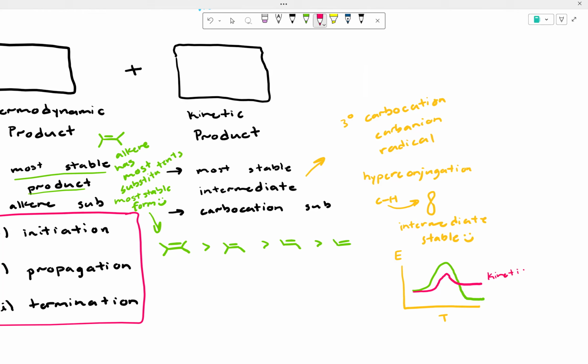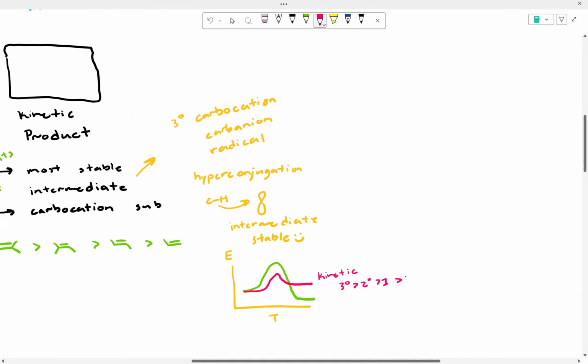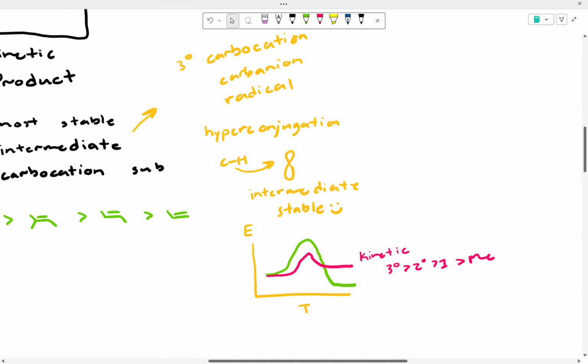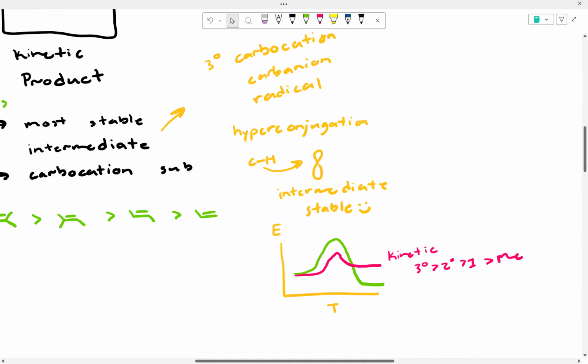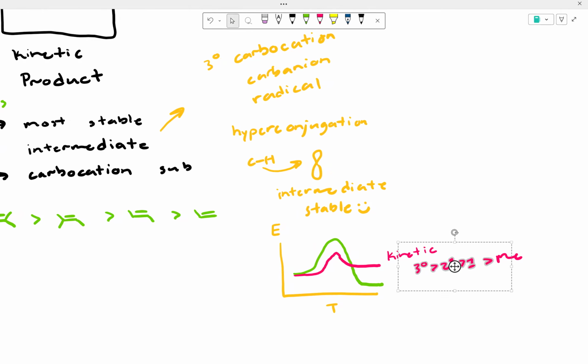It's going to happen faster because it has the most stable intermediate being tertiary over secondary over primary over methyl, right? And it's going to be favored in kinetic conditions, even though it's a higher energy product than the thermodynamic product.